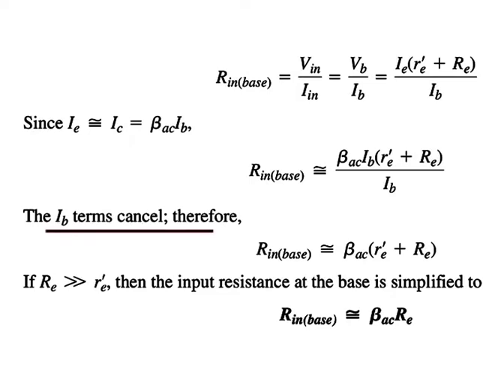The Ib terms cancel, therefore, Rin base is equal to beta AC times r'e plus Re. If load resistance is much greater than AC emitter resistance, then the input resistance at the base is simplified to Rin base equal to beta AC times Re.